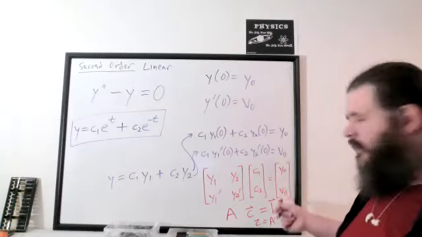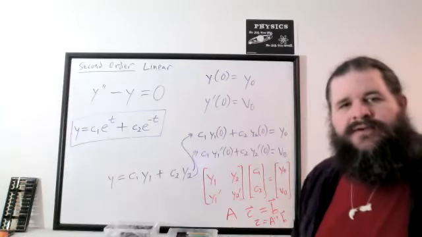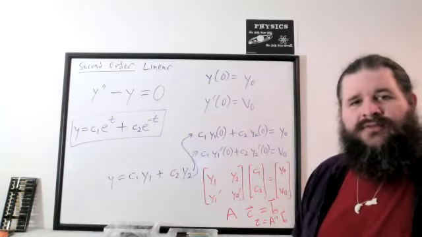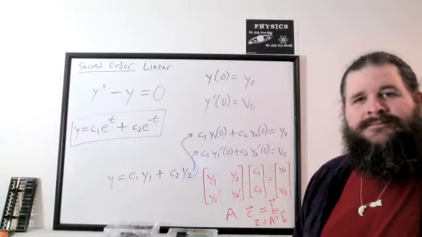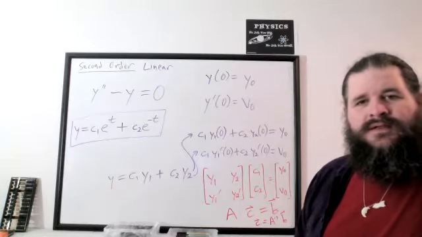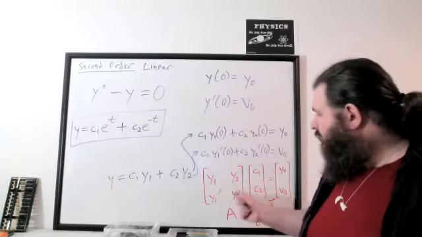And this matrix being invertible depends entirely on our choice of y1 and y2. In fact, what's usually the fastest way to determine if a matrix is invertible or not? Yeah, we use the determinant. What does the determinant tell you there?